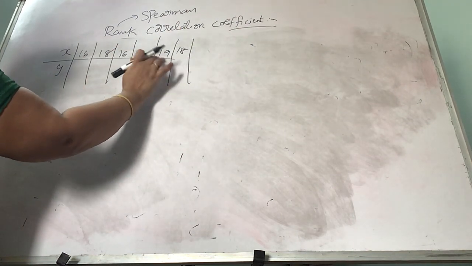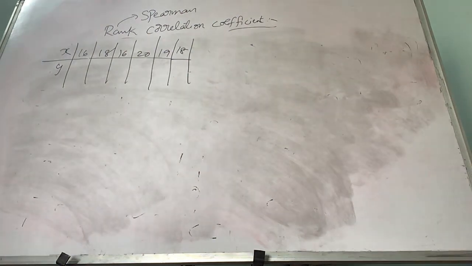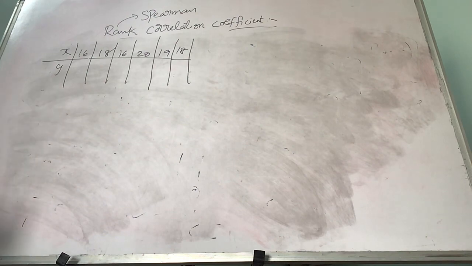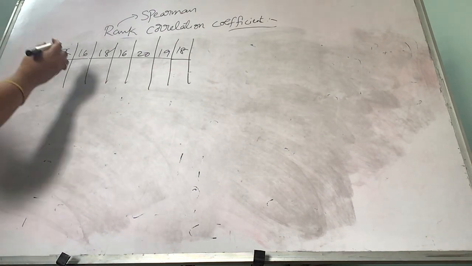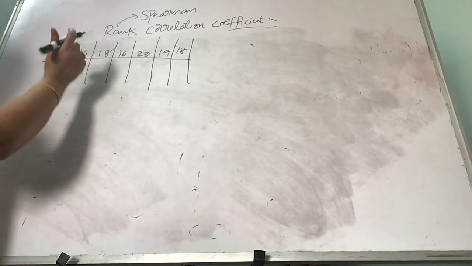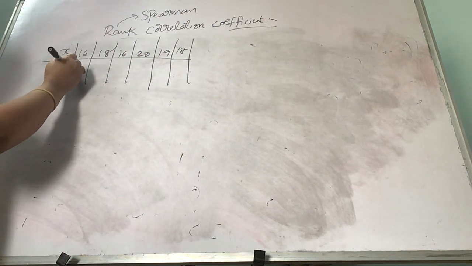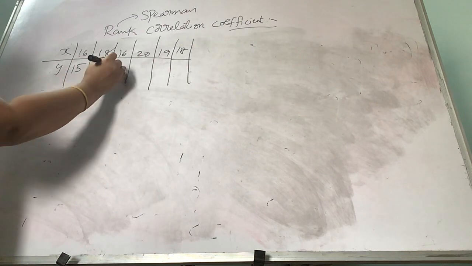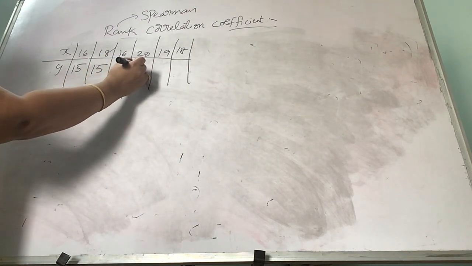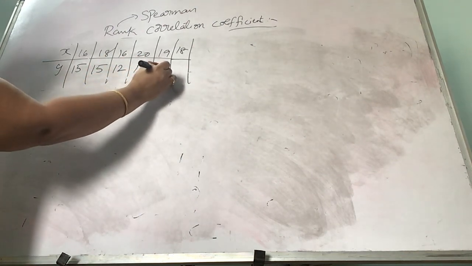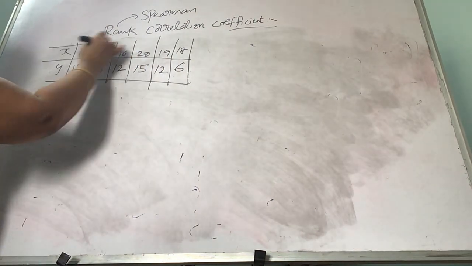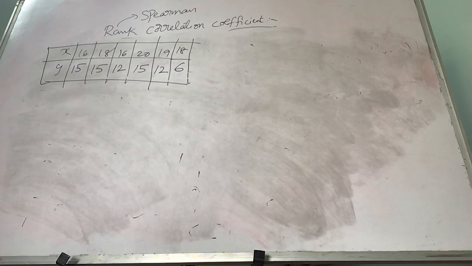So 6 values. Next I assign values for Y. Here I am assigning the values for Y: 15, again 15, 12, again 15, 12, 6. Okay. These are the X and Y observations.